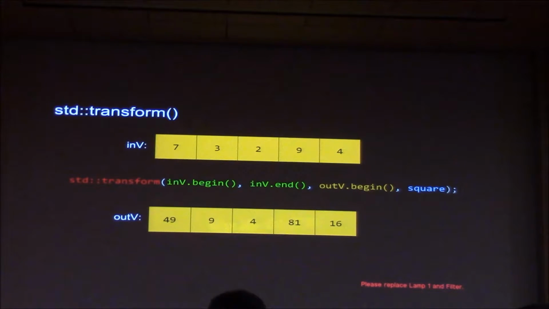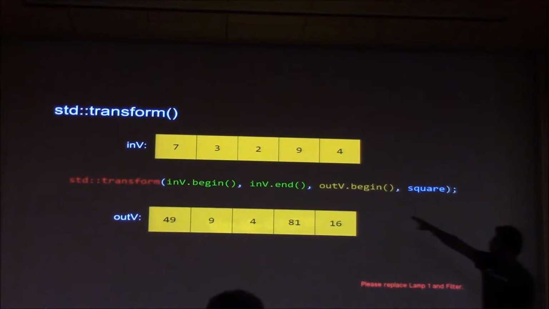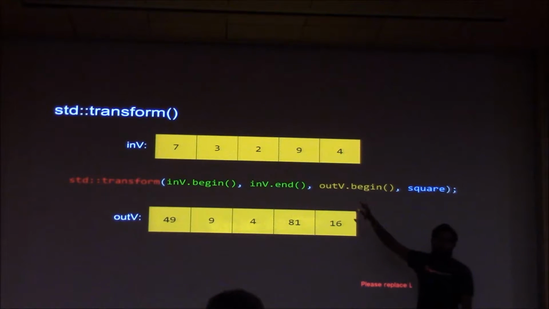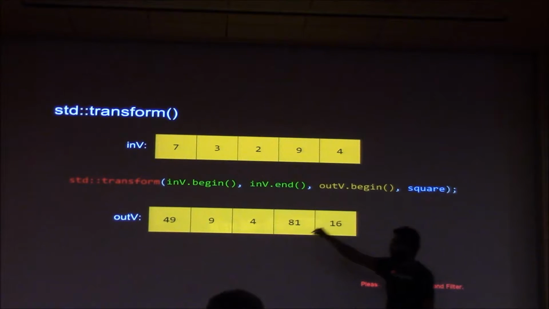Yeah. So if I run outv.begin() plus 1, will the out vector be used completely? So the question is, in this particular piece of code, what if I give the output iterator as outv.begin() plus 1? What if I start writing the output from here?